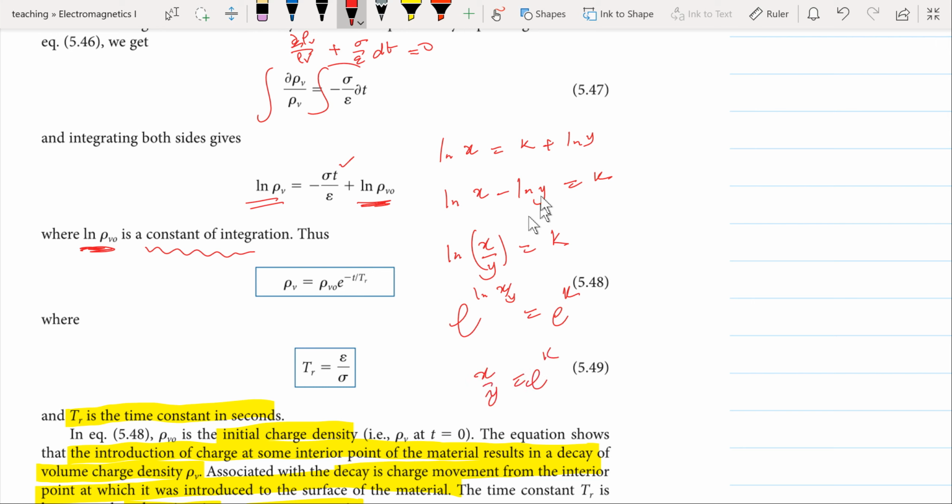Therefore, if we choose our k to be this term, and our x was rho v, and our y was rho v naught, we end up with rho v equal to rho v naught times the exponent of minus t over TR.